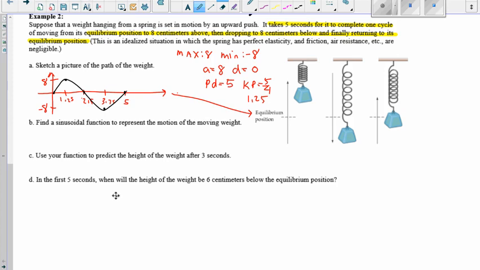Now we want to find the equation that models this movement. So if I look on my graph, I don't have a phase shift if I start right here at the y-axis at 0. And since my midline is right here, I know this is going to be a sine function. So y is equal to, the amplitude is going to be positive because the graph is going upwards first. So y is equal to 8 times the sine of, I need to figure out my b value.